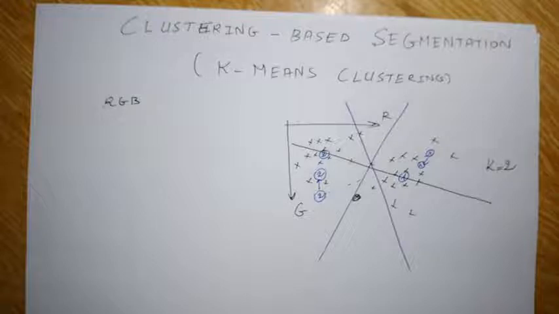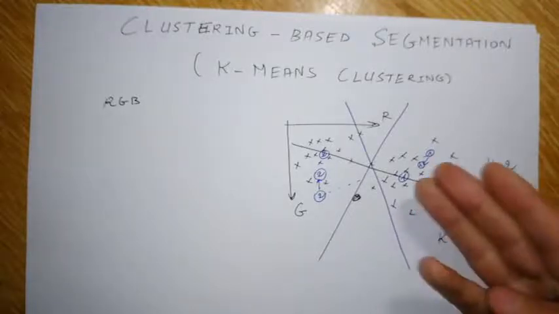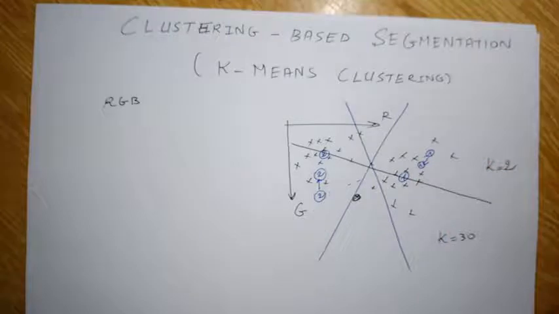If I want to downsample the image and get only, for example, 60 or 30 color possibilities, then I just have to set k equal to 30 and apply this algorithm in this way. I can compress my image. It can also be used as a splitting step.